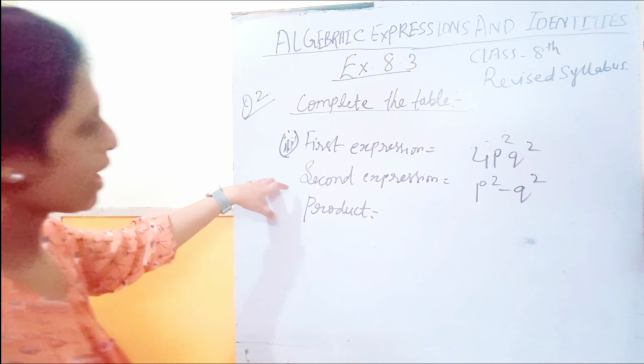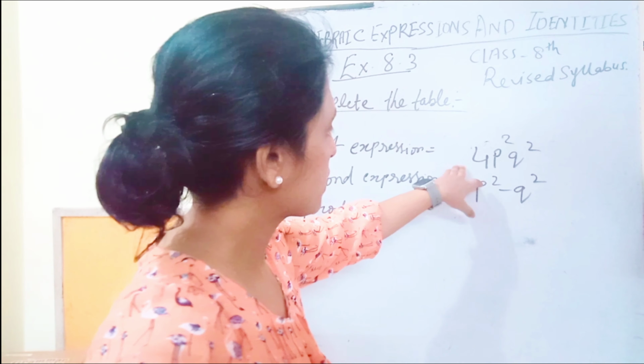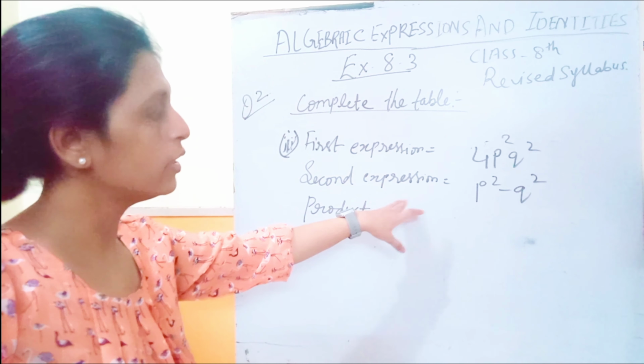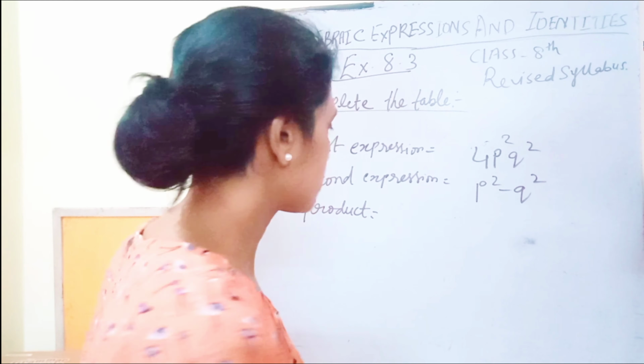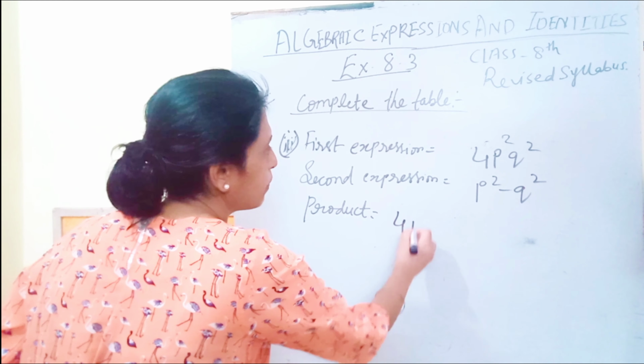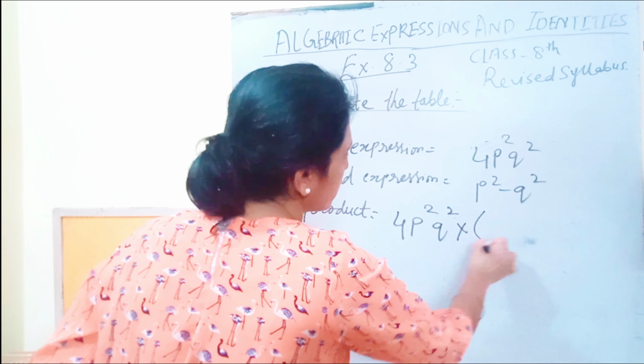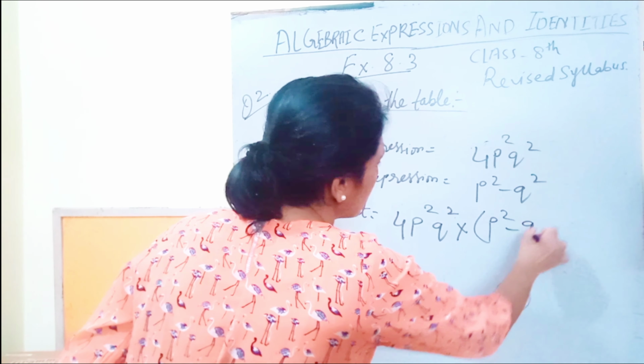And in the fourth part, we have to multiply the first expression 4p square q square with the second expression p square minus q square. So 4p square q square is multiplied with p square minus q square.